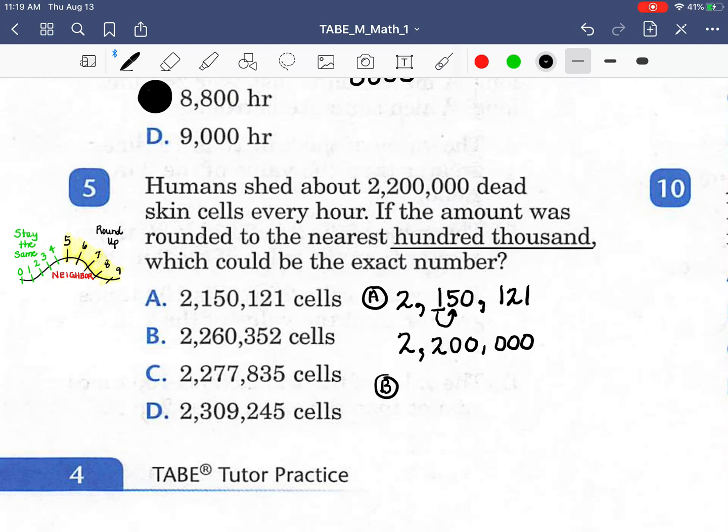So on B, let's take a look at it. And we're still looking at our hundred thousands place. Neighbor says round up. So we're going to make that a 3. All the neighbors round off. And then this is going to stay the same.